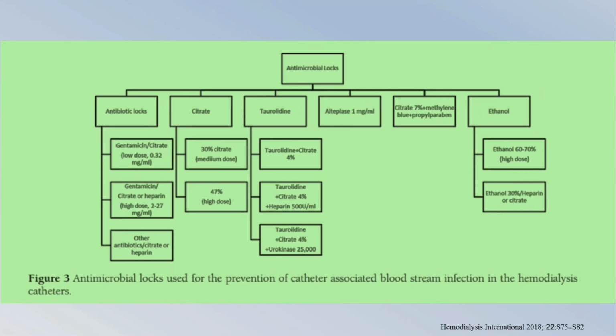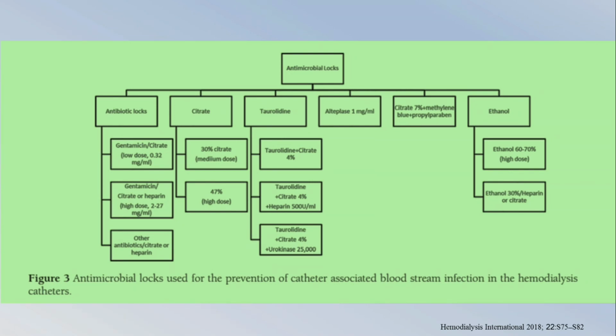But again, you have to be very sure what your staff is following, because they sometimes just inject and the gentamicin just goes inside. Now, the newer thing is a low dose of gentamicin, which is just 0.32 milligram per ml with heparin or citrate. And honestly, I have not used that, but studies have shown that even this is effective. So maybe this can be used.